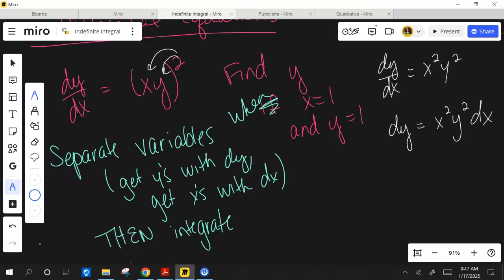Anybody confused so far? Not x squared over dx, because you got to move it to the other side.